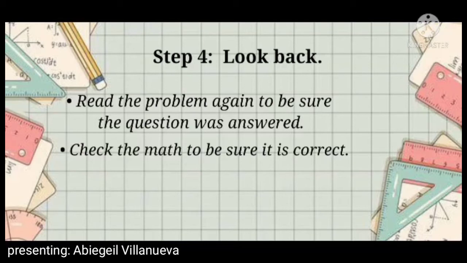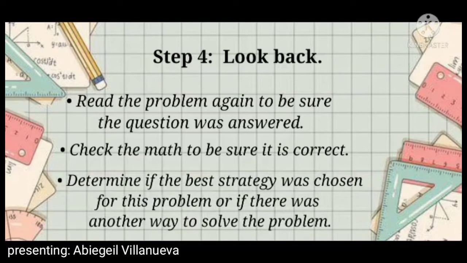This explains to look through the answers you have eliminated and those that are remaining to make sure you have applied all the criteria in the problem. Lastly, is to determine if the best strategy was chosen for this problem or if there was another way to solve the problem. This says that eliminating possibilities was a good strategy to use for this problem.